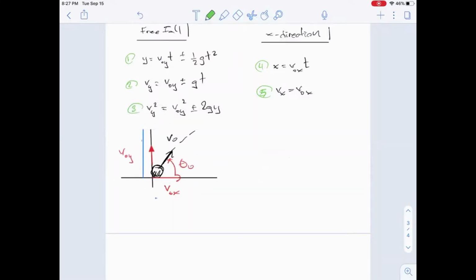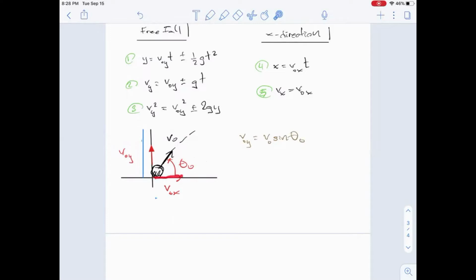Okay, so you can express the initial speed in the y direction. Here's the initial speed in the y direction in terms of this initial velocity. This would be the component of the initial speed, so this is going to be the opposite over the hypotenuse. So this is the same as initial velocity times the sine of the angle.